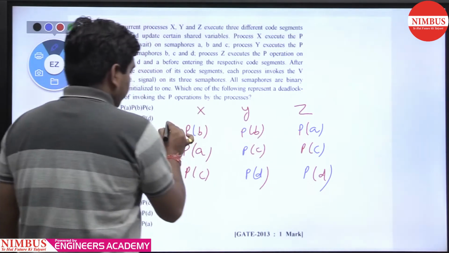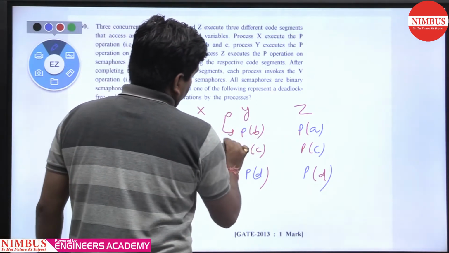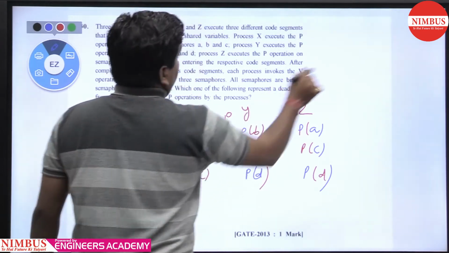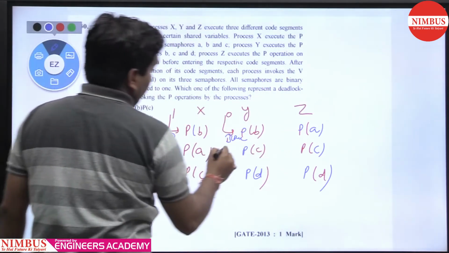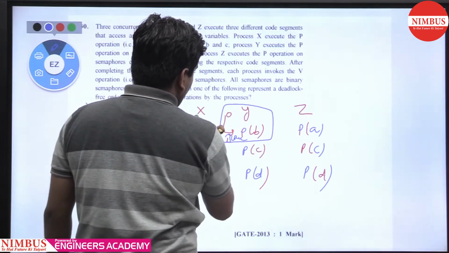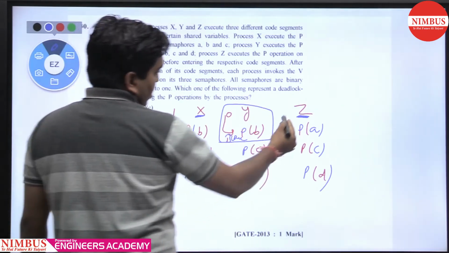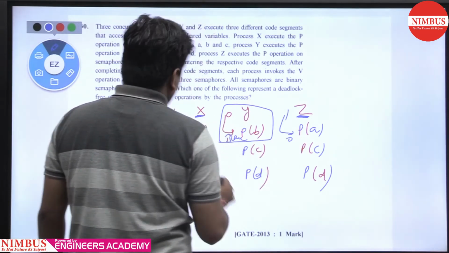What will happen when you perform 1 to 0? Then this process is blocked here. This process is blocked here. It will not go further. Now there are two free processes which can execute either A or C. Then you perform 1 to 0. Then what will happen?